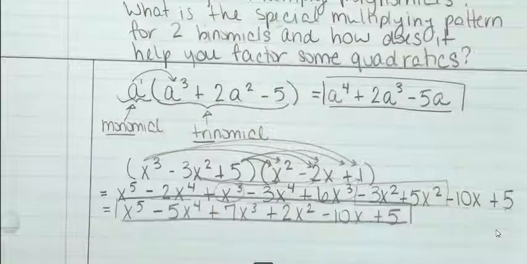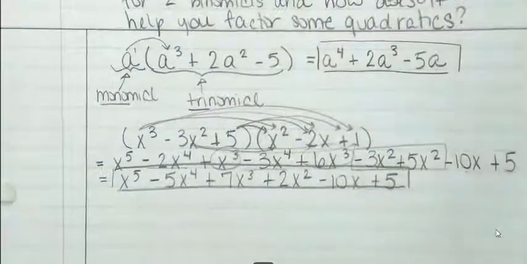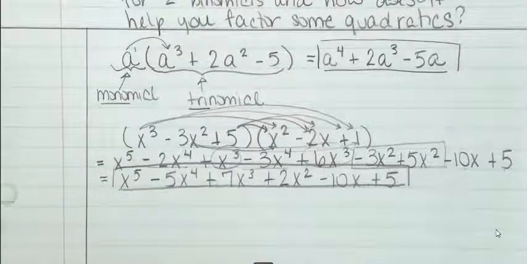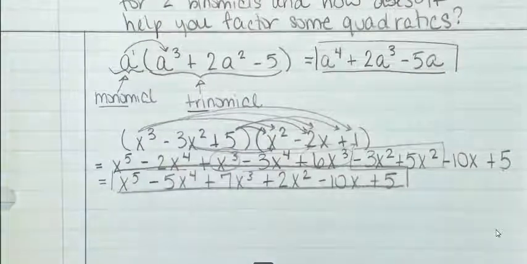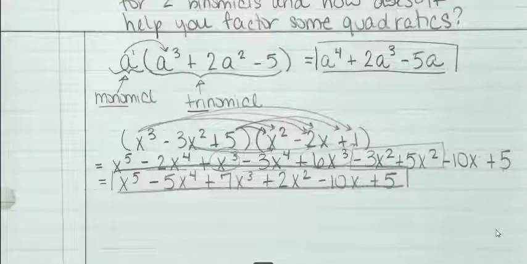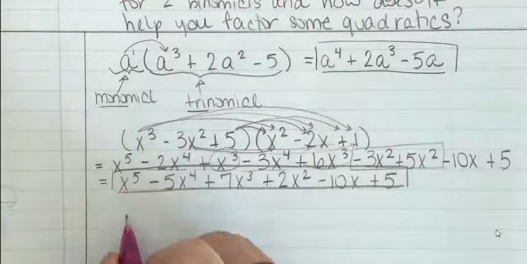Now there's a very special case of multiplying polynomials. So whether it's a monomial, a trinomial, a binomial, if you have one term or more, we call these polynomials. So when you're multiplying polynomials, there is a special case.